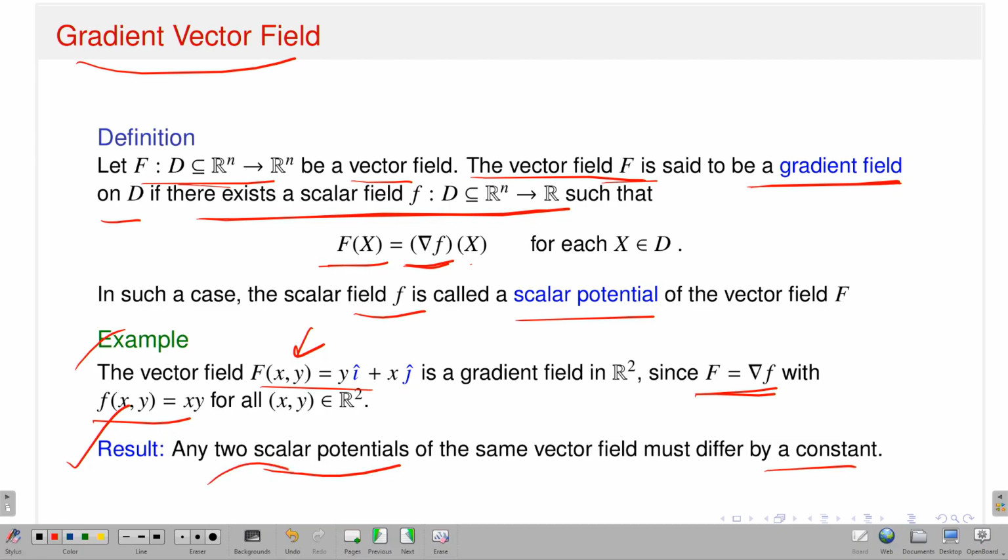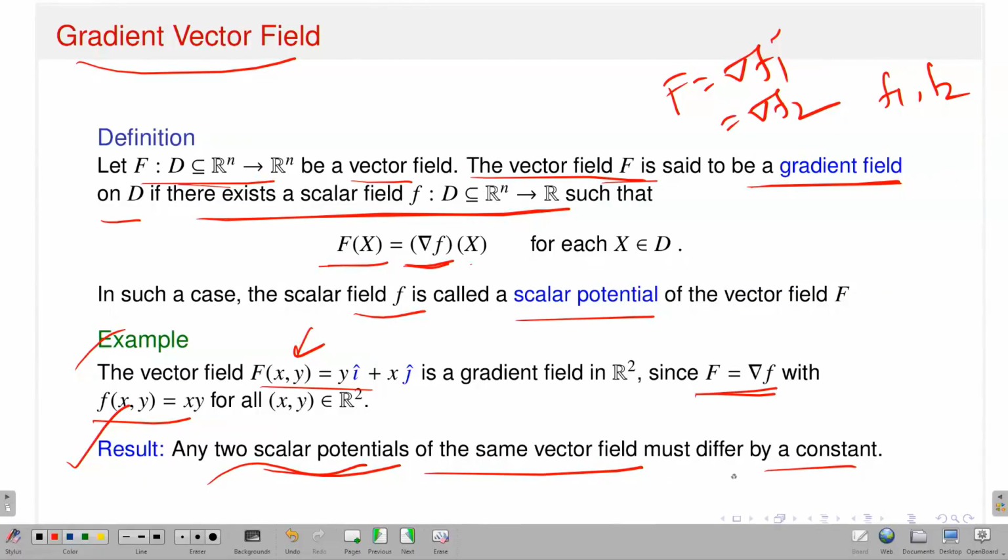In other words, any two scalar potentials of the same vector field differ by a constant. So, suppose capital F is equal to grad f1, which is the same as grad f2. Then f1 and f2 are scalar potentials. You have two different scalar potentials, but taking the gradient of each gives you the same vector field. Then f1 and f2 differ by a constant.